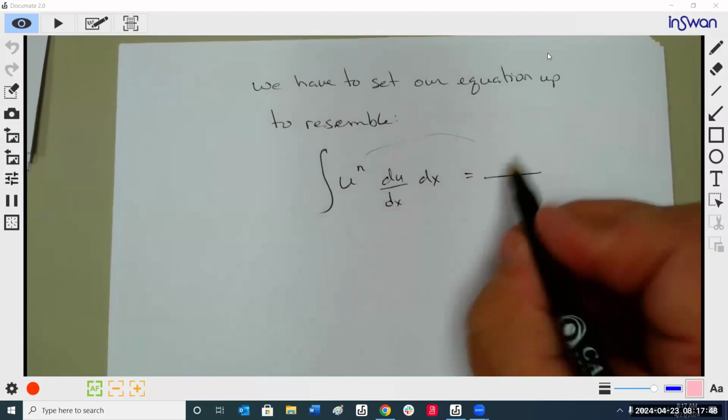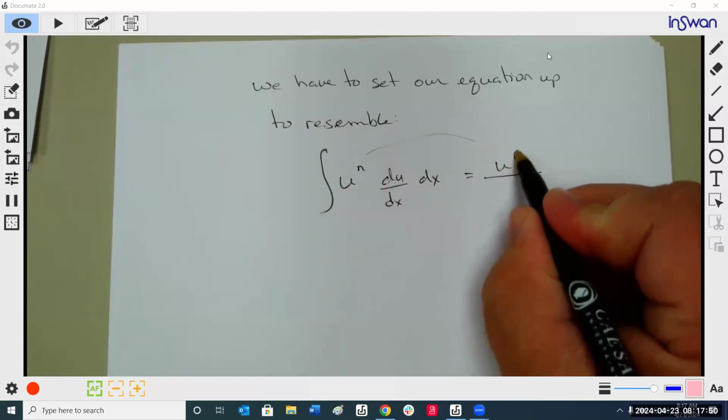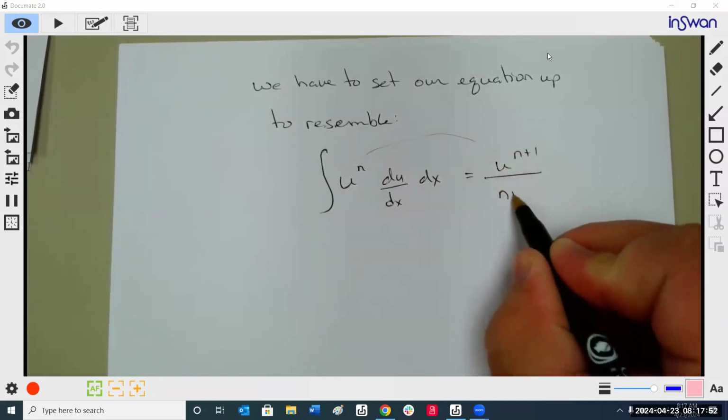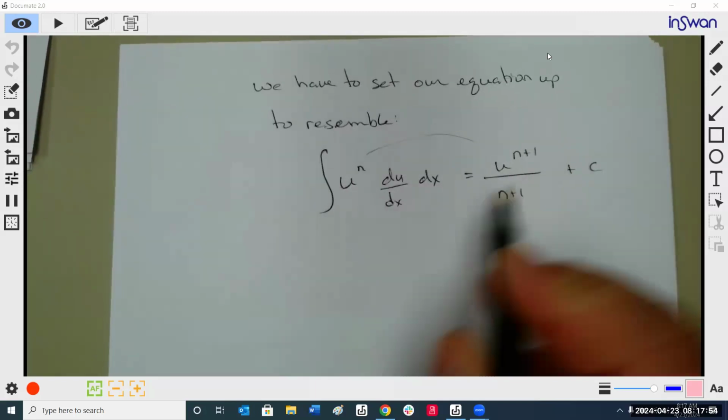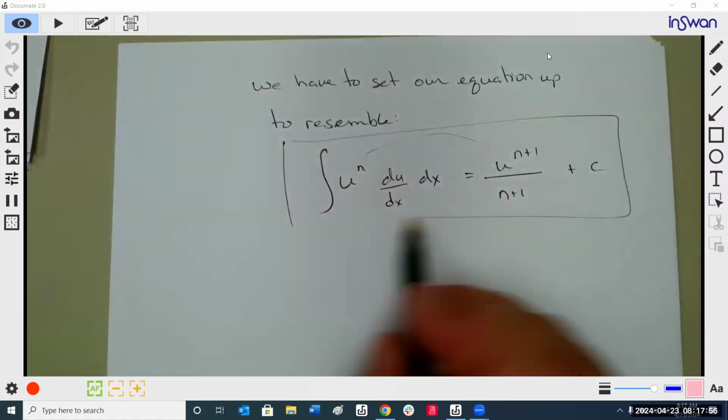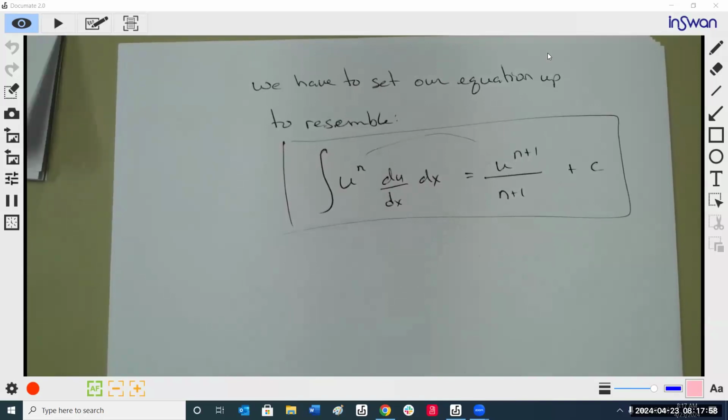Where this one now becomes u to the n plus 1 over n plus 1 plus c. This is the formula we'll be using for all our examples.